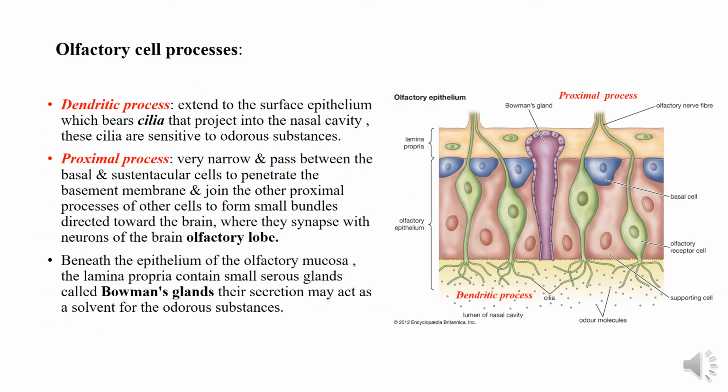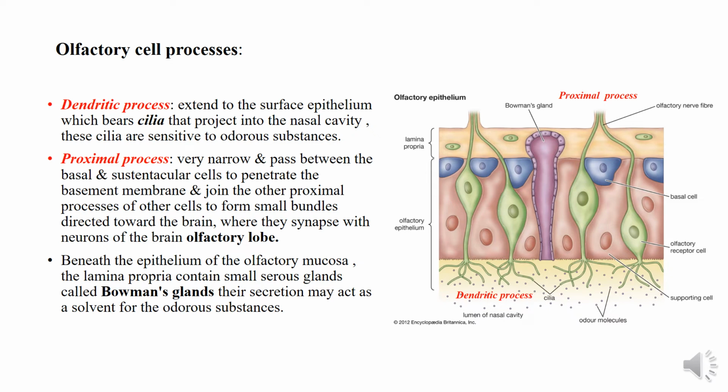The olfactory cell processes are the dendritic processes, here and down in the photo, and proximal processes, here in red, up in the photo. The dendritic processes extend to the surface epithelium, which bears cilia that project into the nasal cavity. These cilia are sensitive to odorous substances.